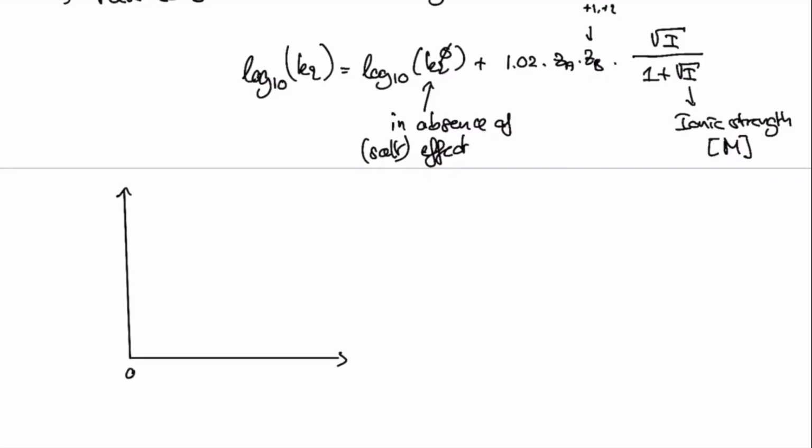Okay, so if I put 0, 0.05, 0.1, 0.15. So here I'm putting the square root of I over 1 plus the square root of I, and here I'm putting log 10 of K2 in per molar per second.